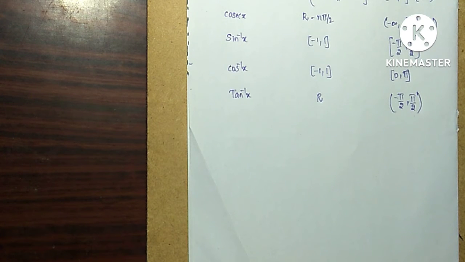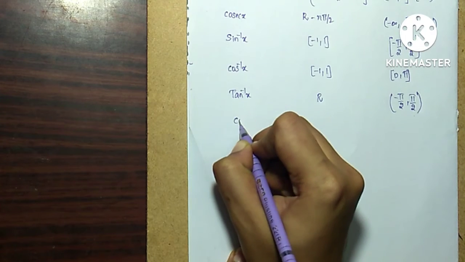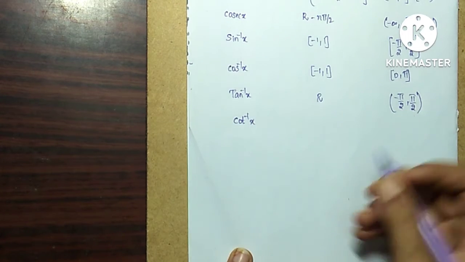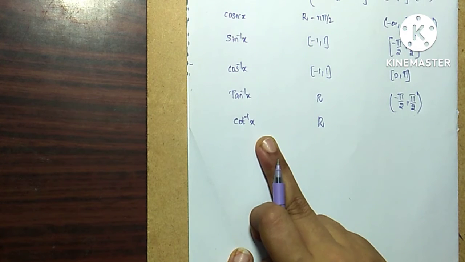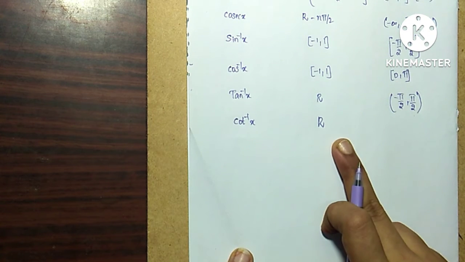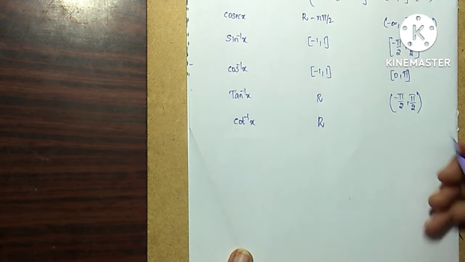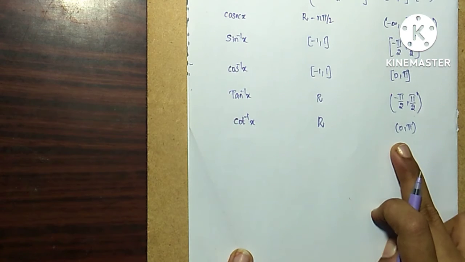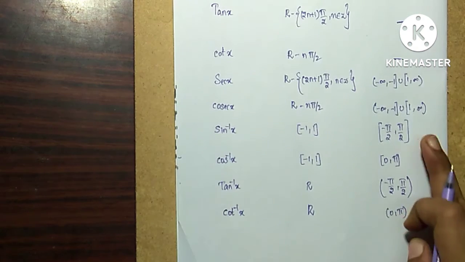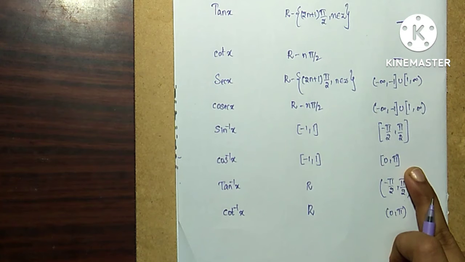Now we will see cot inverse x. For cot inverse x, the domain is the same as for tan inverse x. Domains are the same. Now it's the turn for the range. The range is 0 comma pi. Here we placed closed and here we placed open.